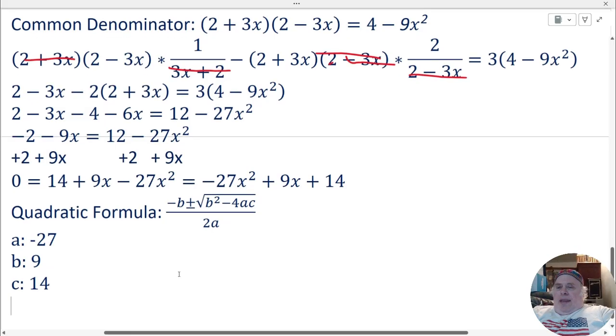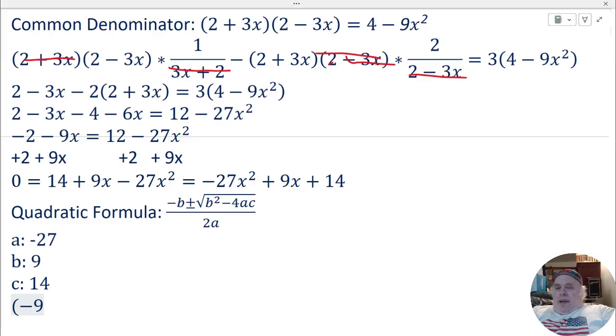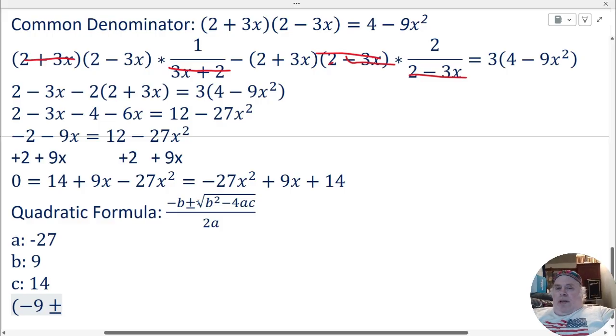Now I just plug them into the quadratic formula. So minus b becomes minus 9, and we get plus or minus, and I'm going to just copy this guy and plug in.